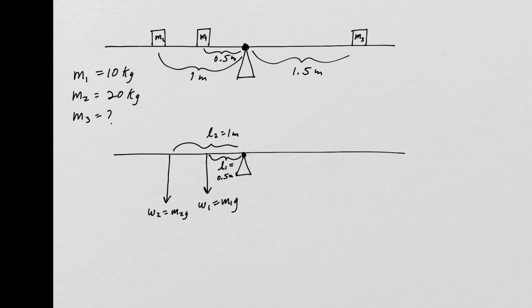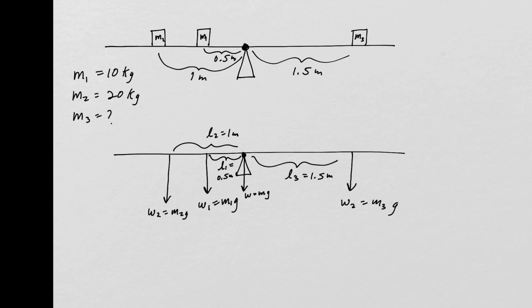And then I have weight 3, which is M3g. And this distance is L3, which is 1.5 meters. Then I also have the weight of the entire seesaw itself acting at the center of mass. I'll just call that W, which is mg.